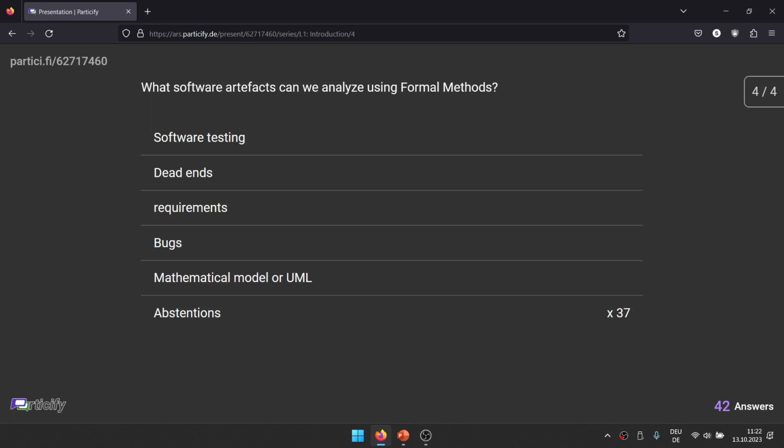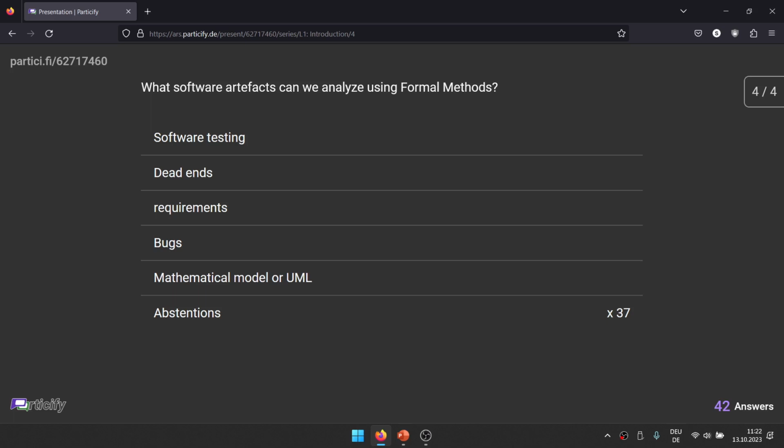These were contracts for some trading between different companies, and they analyzed those trading contracts for loopholes, or whether the contracts have any issues where it could end up that the contractor is not being paid, stuff like that. Dead ends, I'm not sure whether this would be a software artifact. Usually it's something that comes out of the software, some document that you can analyze.